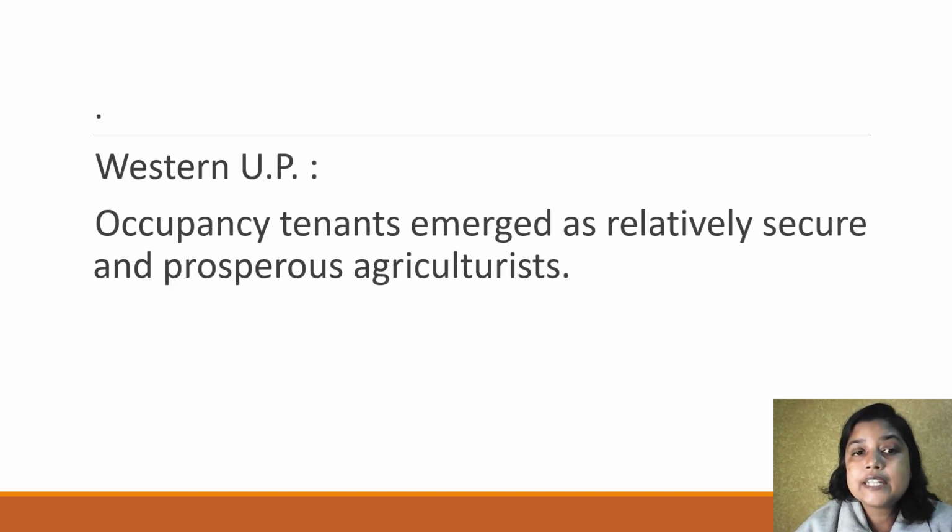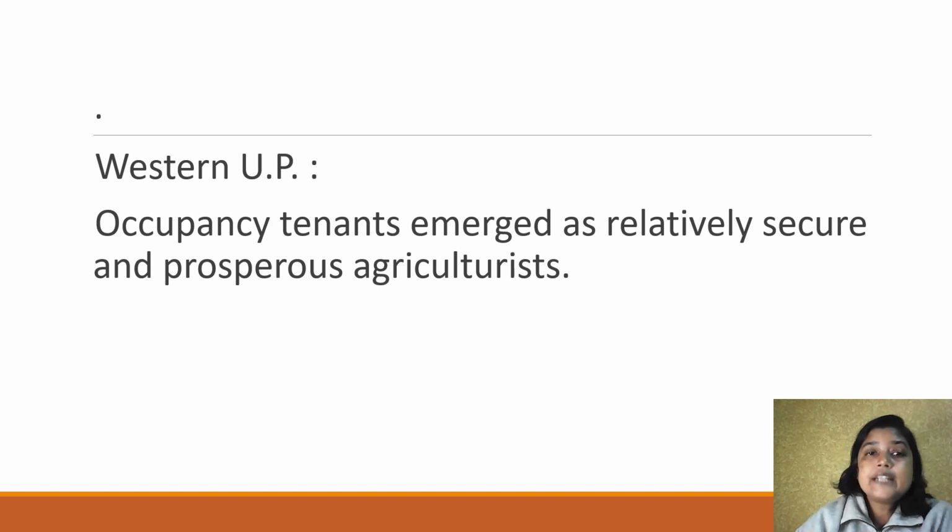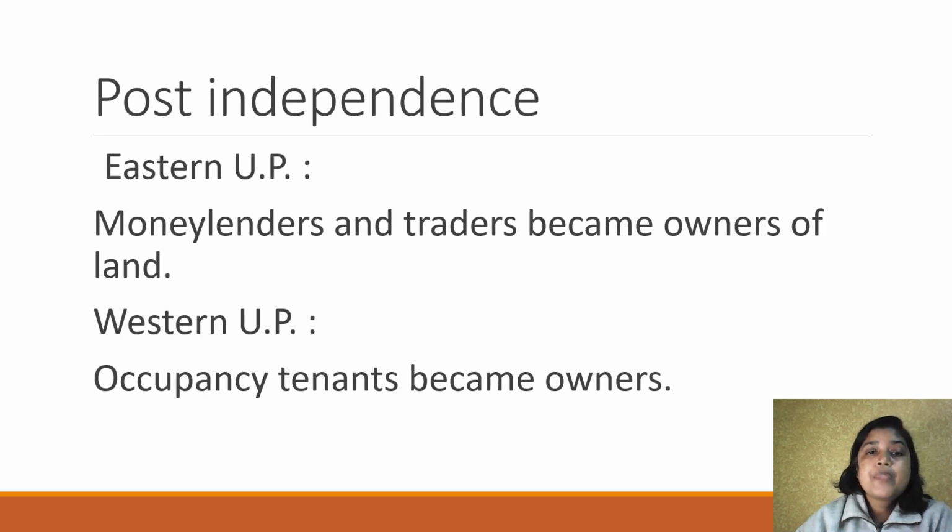While since the 1830s in Western UP, occupancy tenants emerged as relatively secure and prosperous agriculturists. So this was the change which happened since the 1830s in Eastern and Western UP. What was the post-independence scenario? In the post-independence period, in Eastern UP, money lenders and traders became owners of land, whereas in Western UP, occupancy tenants became owners.